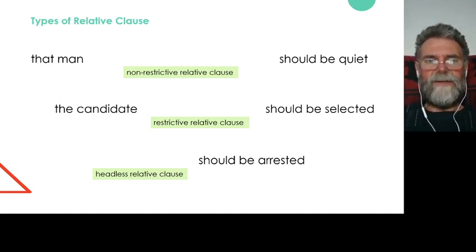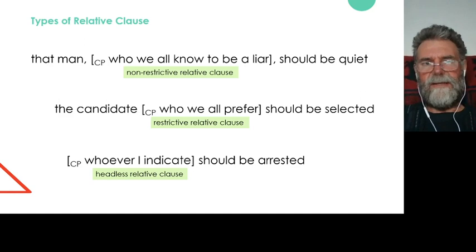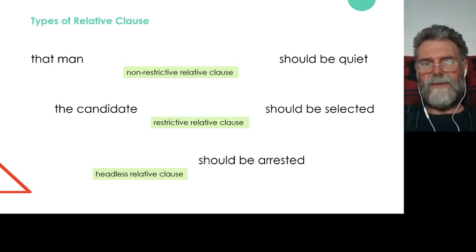Compare that, however, to the restrictive relative clause. The candidate who we all prefer should be selected versus the candidate should be selected. Clearly, there's a big difference in the meaning here in terms of having left out an important aspect of the referent of the whole determiner phrase there.